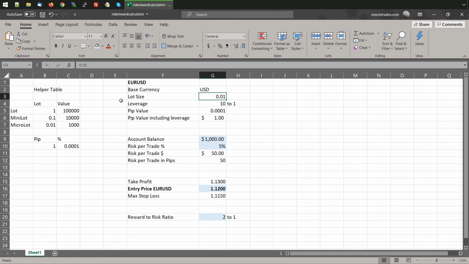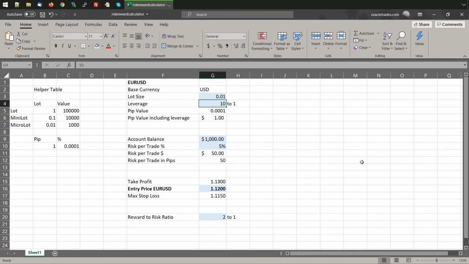Lastly, the lot size is really important so that you understand what it is you're trading and you don't over leverage yourself by using some of these very crazy leverage figures of 200 to 1 or 400 to 1, which may seem very tempting, but as it will show you in this little calculator, it limits your ability to close profitable trades because your stop loss and take profit will be so close that any small news event that has an impact on the currency pair will probably close you out.